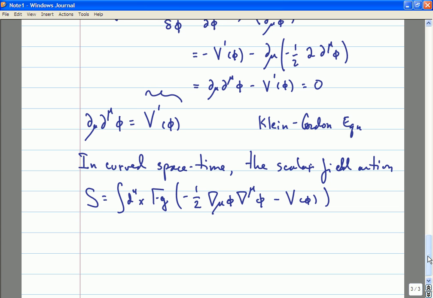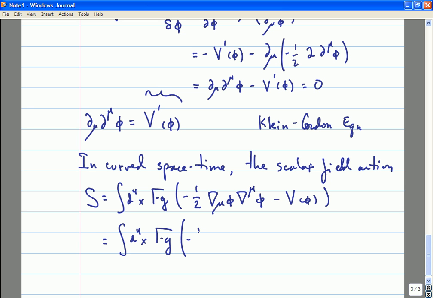Now, of course, you're going to tell me, but Alex, for a scalar field, the covariant derivative is equal to the partial derivative. And you would be right if you said that. So, in fact, for a scalar field, life is relatively simple, and we can just replace those covariant derivatives by partial derivatives.